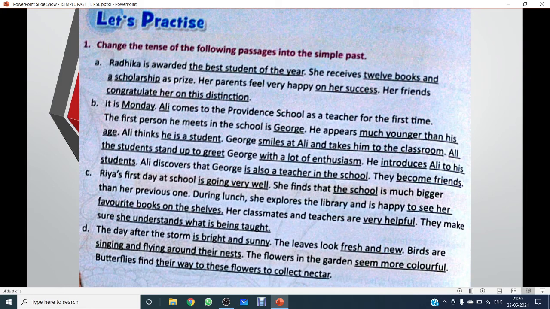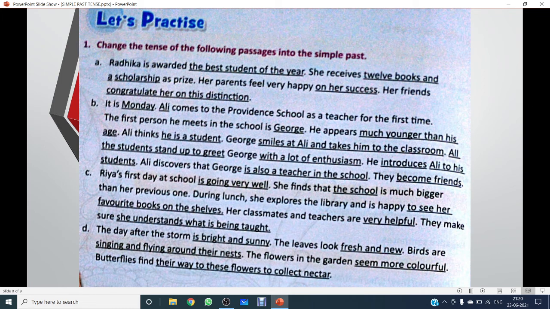It will be he introduced Ali to his students. Ali discovers that George is also a teacher in the school. Here, discovers turns into discovered. Ali discovered that George is also a teacher in the school. They become friends. Here, they became friends.